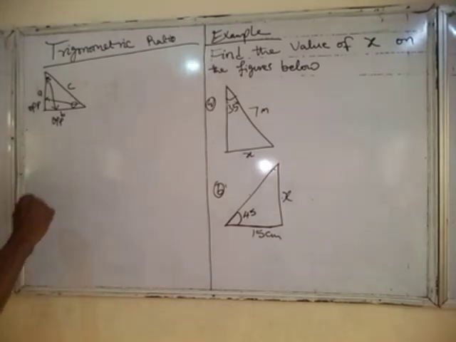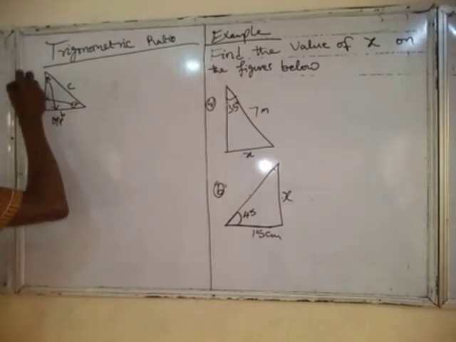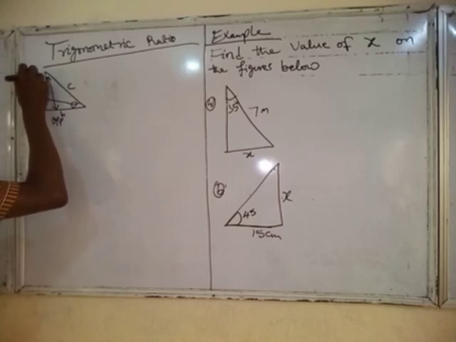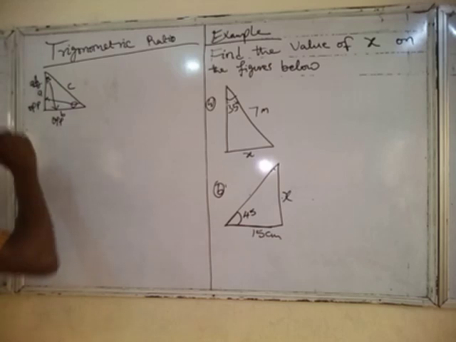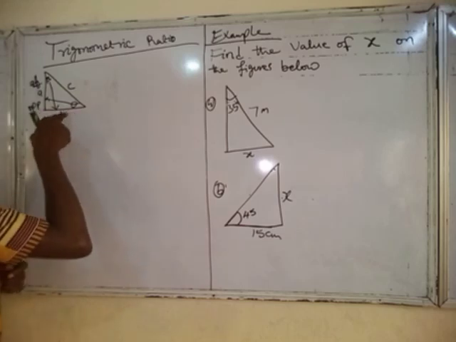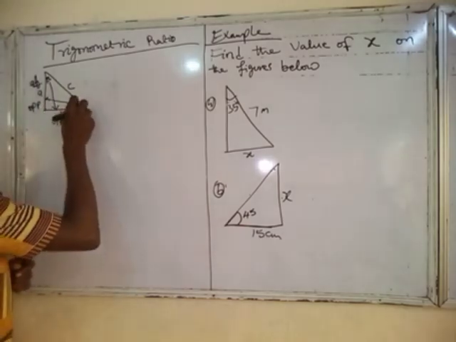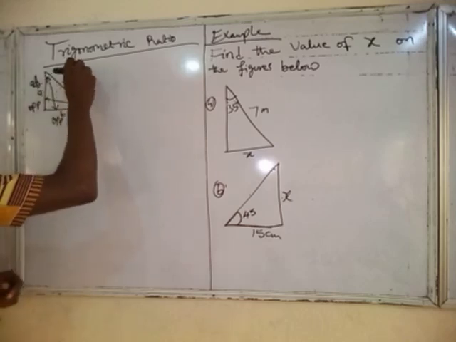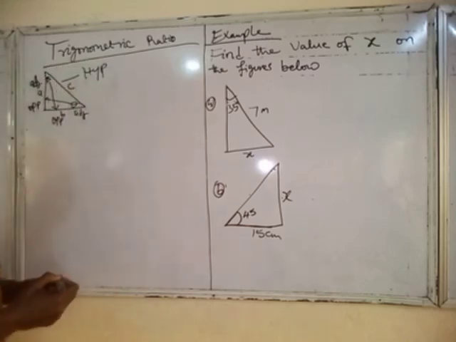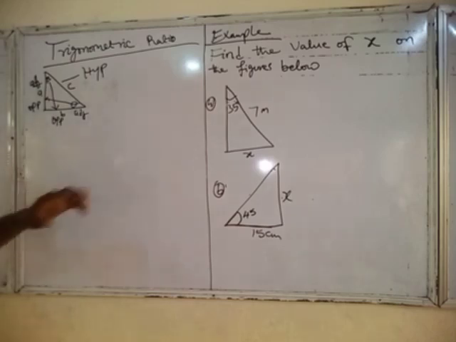It therefore means that A is also adjacent to beta and B is adjacent towards theta. Then here remains our hypotenuse. Okay? So this is how it is labeled.